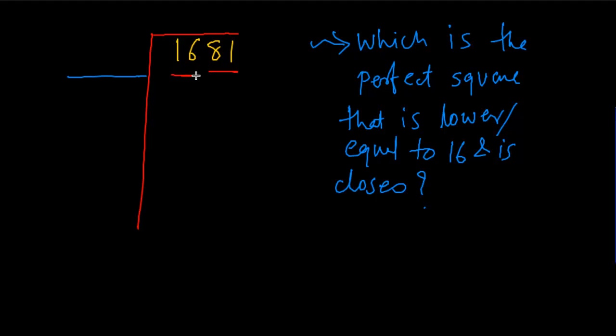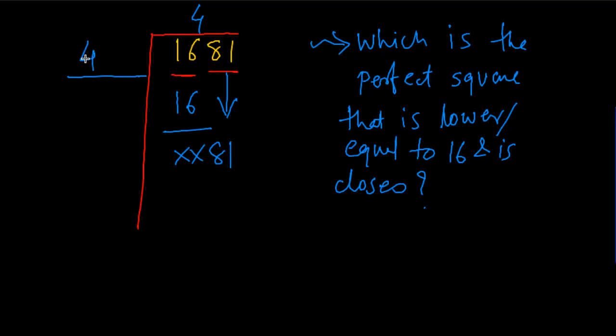In this case, 16 itself would be that number and its square root would be 4, so you will choose 4 over here. 4 fours are 16, so you get 0 as the remainder, and then the entire pair would come down.